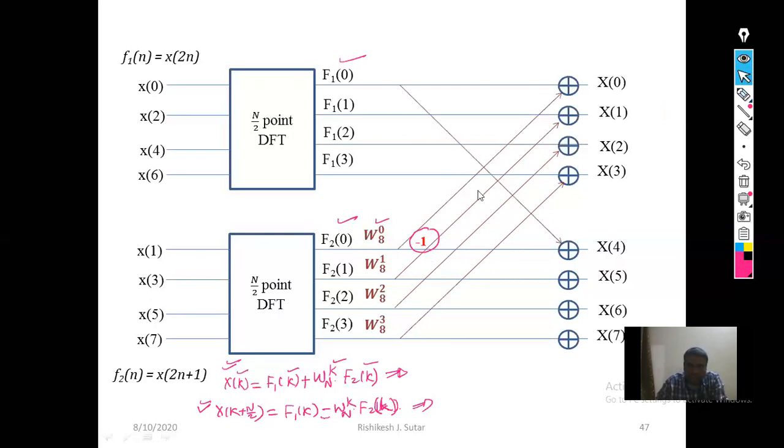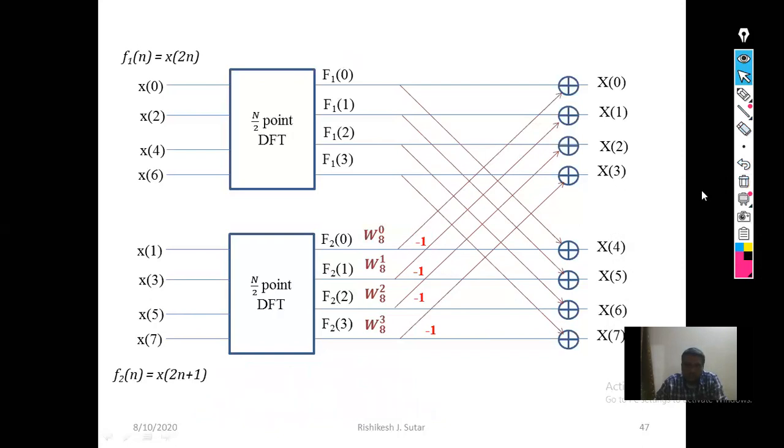You can see here, this is f1 of 0 minus, so this is minus 1, w at 0, f2 of 0. Like this, I can do the same thing for all other values of k, for k equal to 0, 1, 2, and 3. So like this, I will get the butterfly diagram in this way.